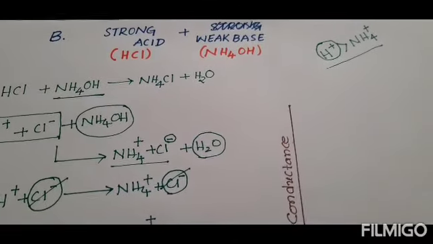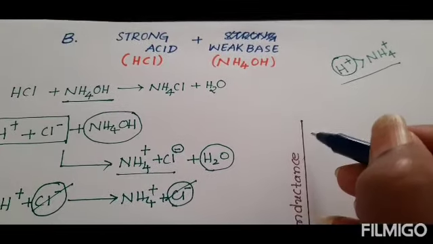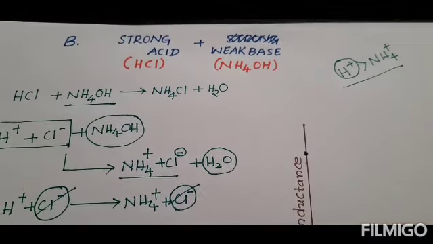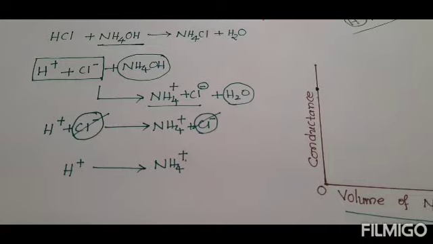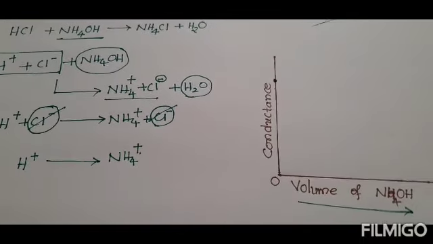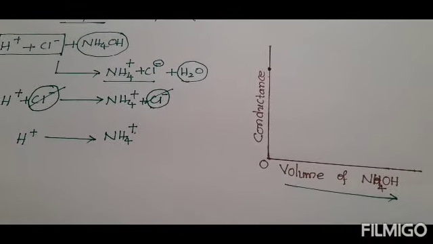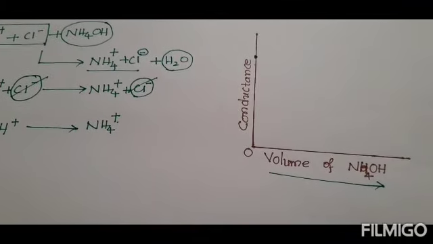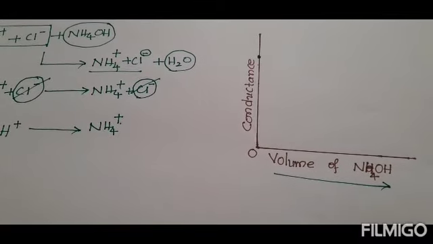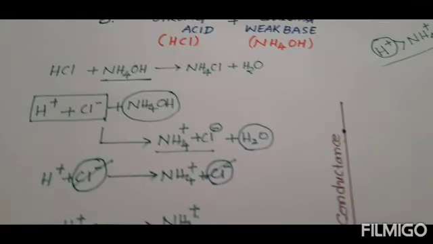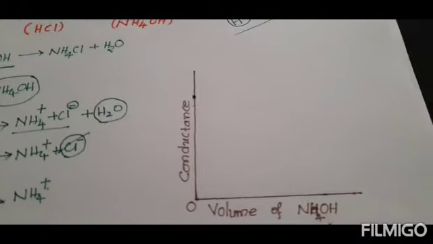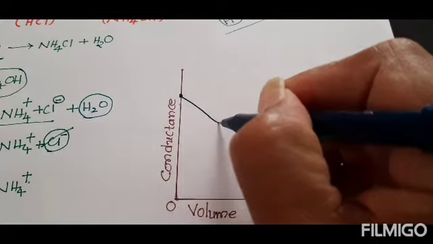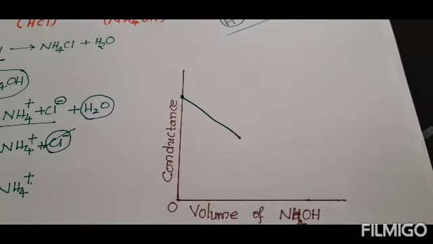So automatically here also the conductance of the HCl will decrease on adding the base. This decrease will happen until the end point is reached.